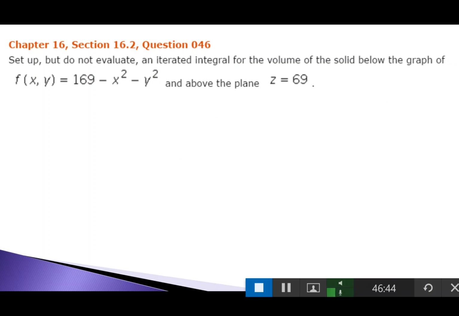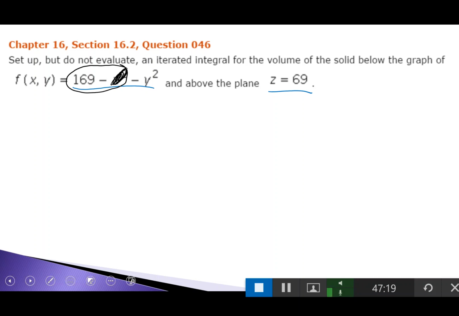So let's set up but do not evaluate an iterated integral for the volume of the solid below the graph of 169 minus x squared minus y squared and above the plane z equals 69. So we've got to get a little bit of a picture for this. Let's see, if I look at traces on this, my x traces look like upside down parabolas.